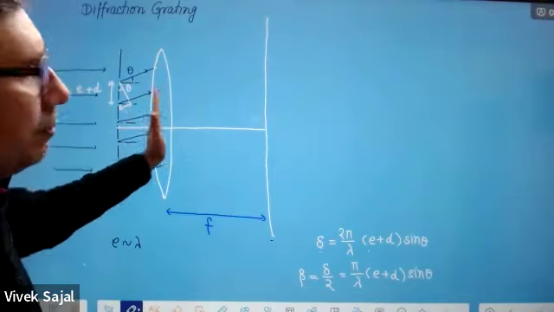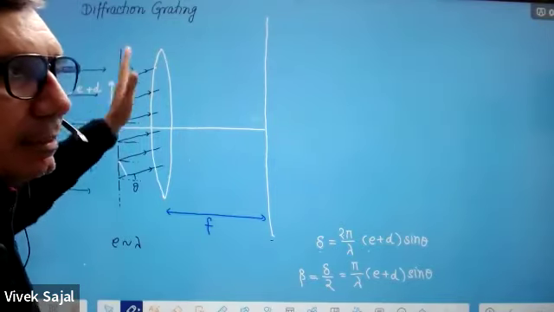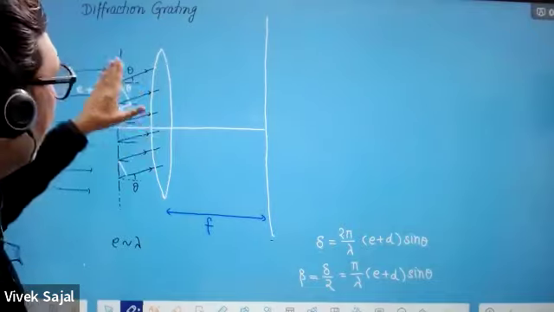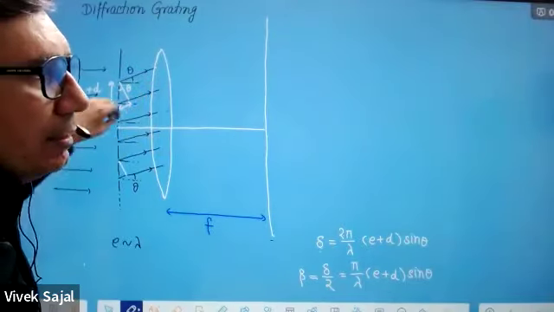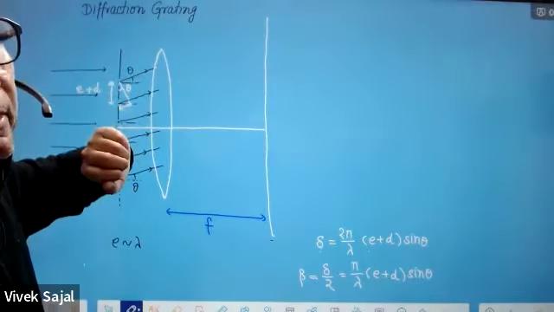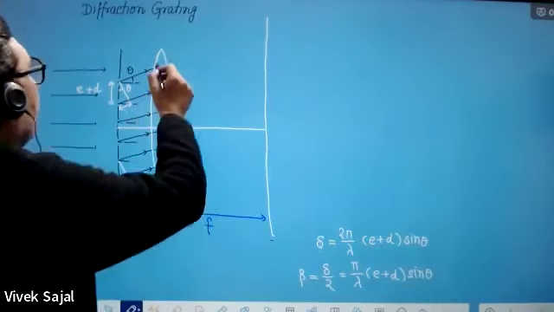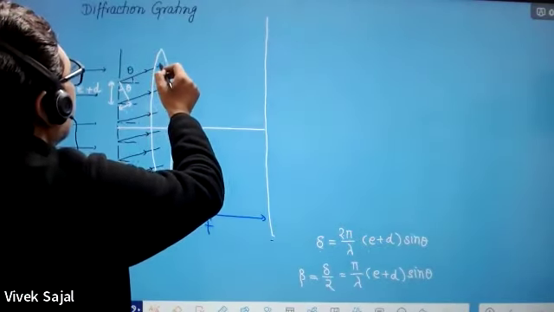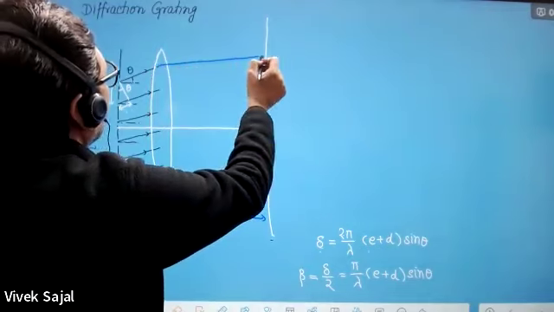So when this parallel beam of light is incident on this convex lens, then after passing through this, all these waves will focus at a point in the focal plane. So they will focus here in the focal plane at some point like this.